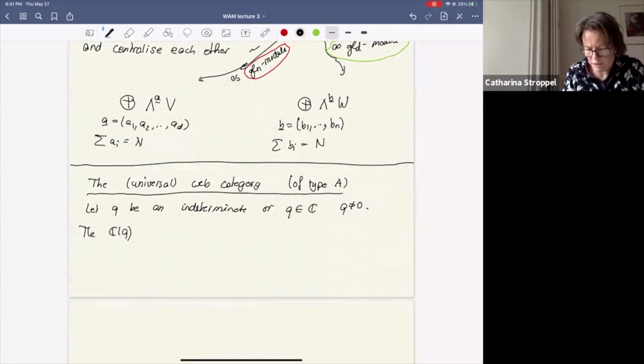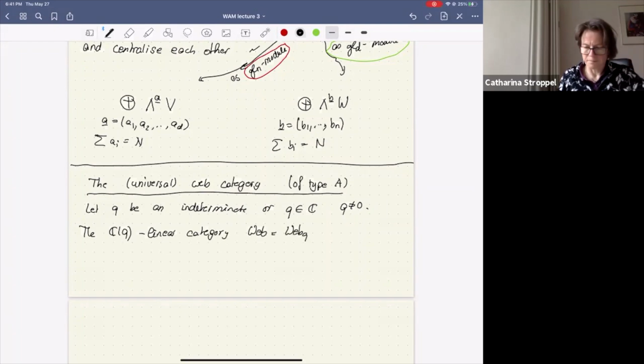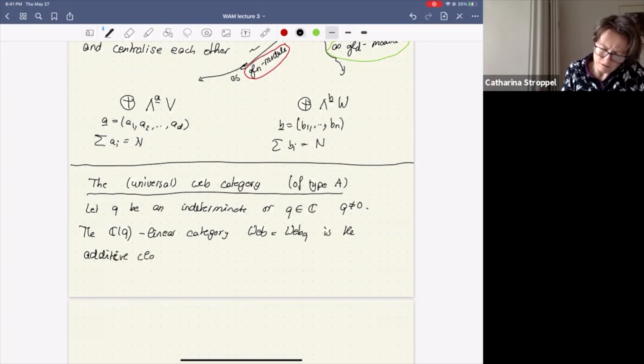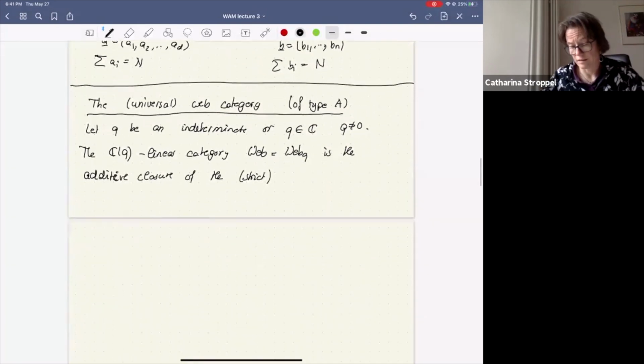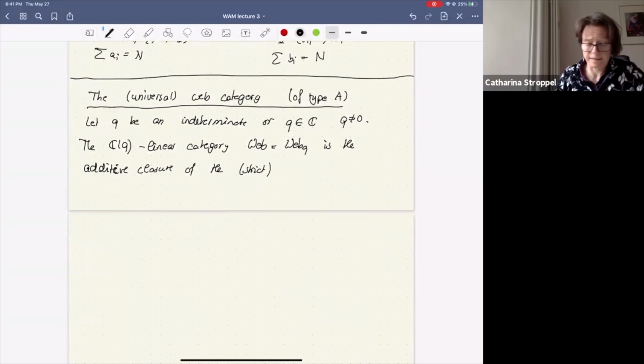So C(Q) is rational functions in Q or just complex numbers. I define the C(Q)-linear category Web, or maybe Web Q, because it depends on Q. It is the following: it's a monoidal category, but it's the additive closure of the strict one. So remember, strict was where the associativity isomorphism and unit isomorphism are just the identities.